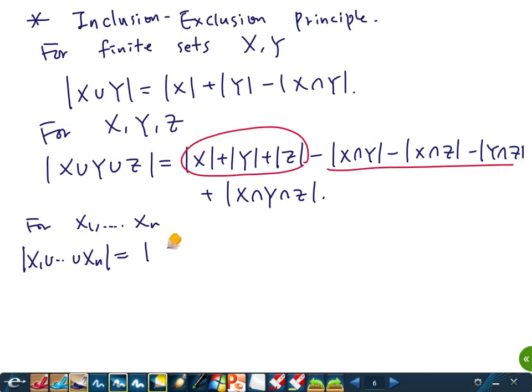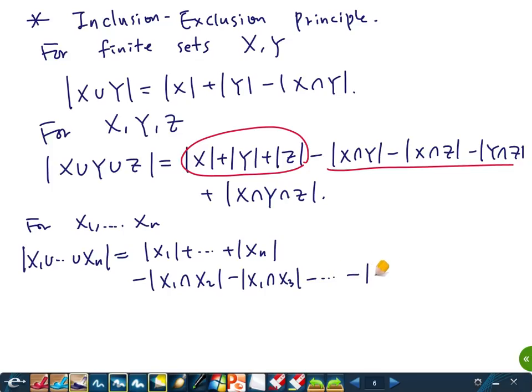So first we add the individual cardinalities like this. We add this, and then minus x1 intersect x2, x1 intersect x3, all possible intersections of two sets. There are many things like this. All intersections of xi and xj, for different i and j.